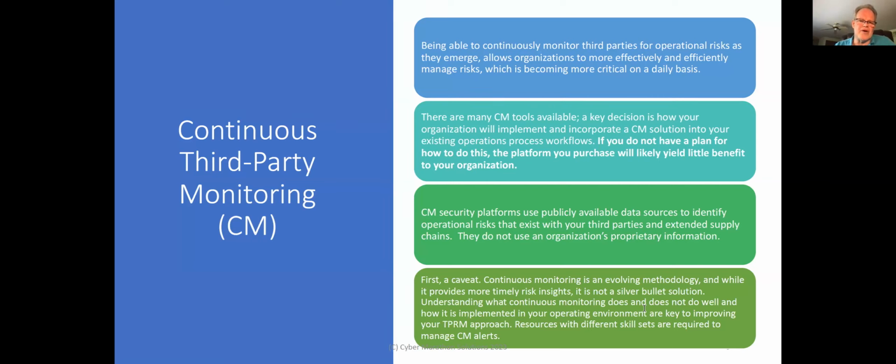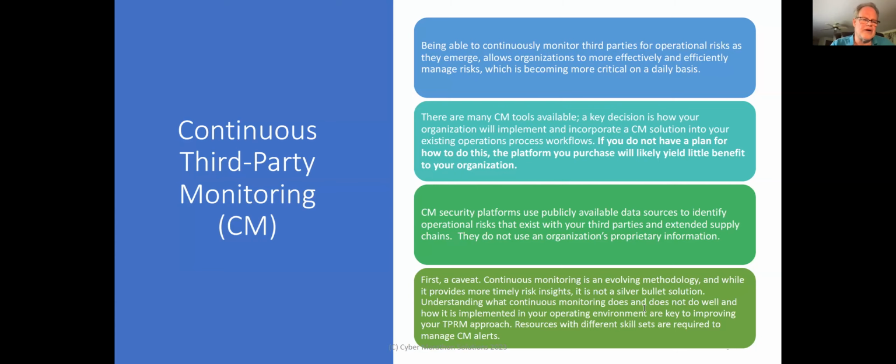Now, how does continuous monitoring actually work? It looks at the publicly available information, the footprint of a third party as it exists from a publicly accessible point of view, and looks for vulnerabilities that either may not have been patched, that might be able to be exploited, whatever the case might be.